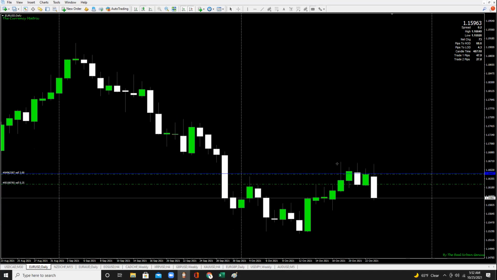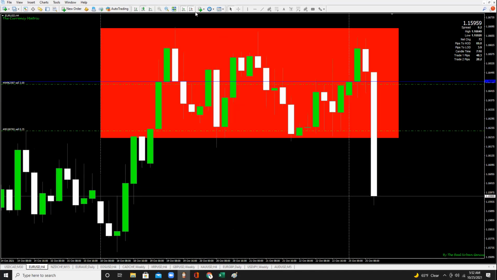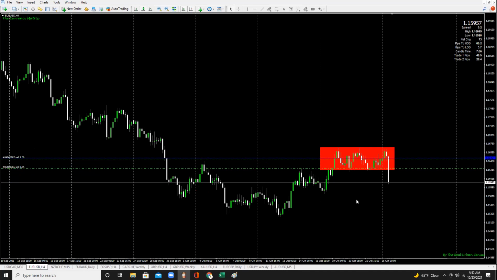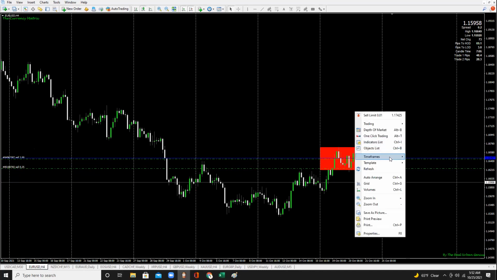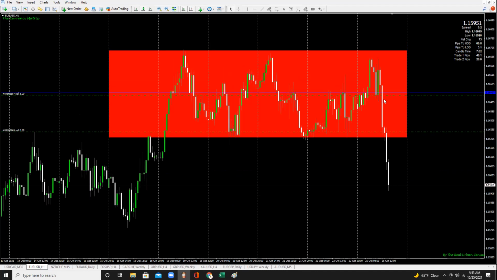This was just here a range and a drop. We go into the 4-hour. Here's that situation. We go into the 1-hour. Here's that situation continued. Now looking at this situation here, the target, the previous resistance, or support, would be here at the bottom of this, where the trend began.